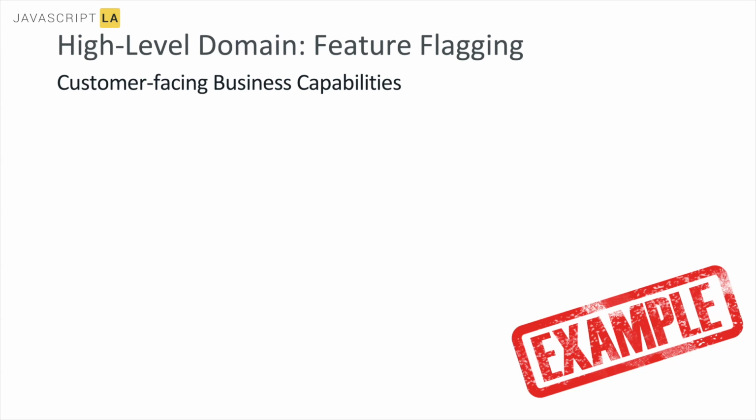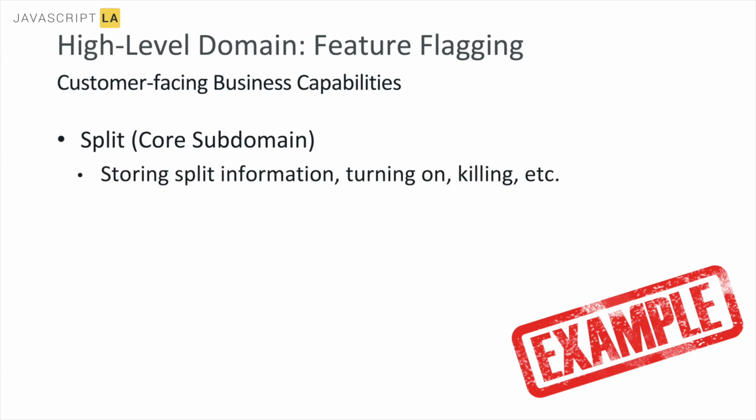As you can imagine, feature flagging would be one of our key core subdomains. We call them splits. Within the split subdomain, you probably have things like storing the actual split information, being able to turn it on, being able to create it, being able to kill it if there's a problem with it. So basically being able to create and manage these actual feature flags is a core subdomain.